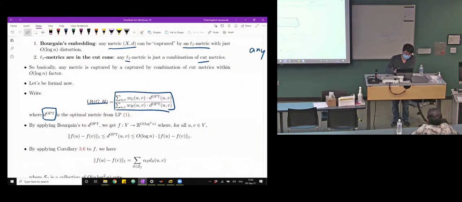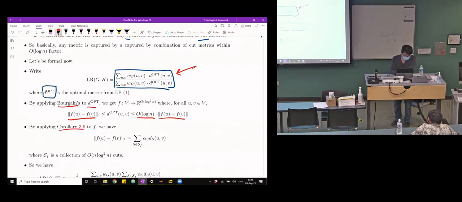All right. So we just write down the optimal solution of the LP, and we get this first equality. And now just by applying the Bourgain embedding, we have this metric D opt. We can find an L1 embedding F such that F approximates D opt nicely, with a log n factor.